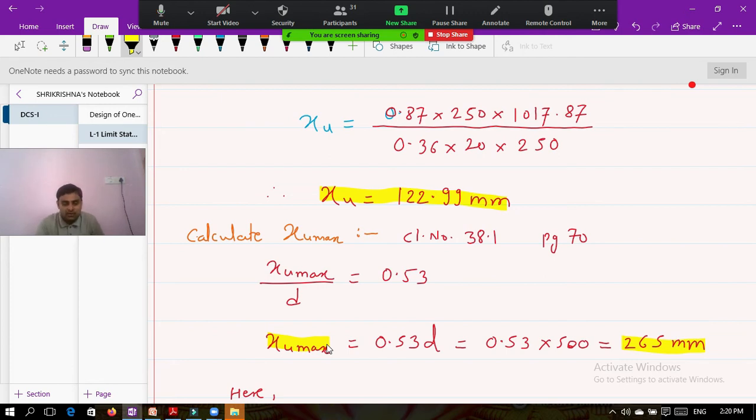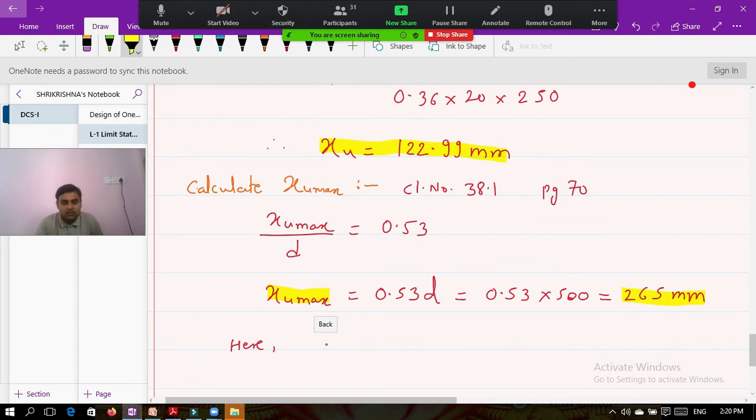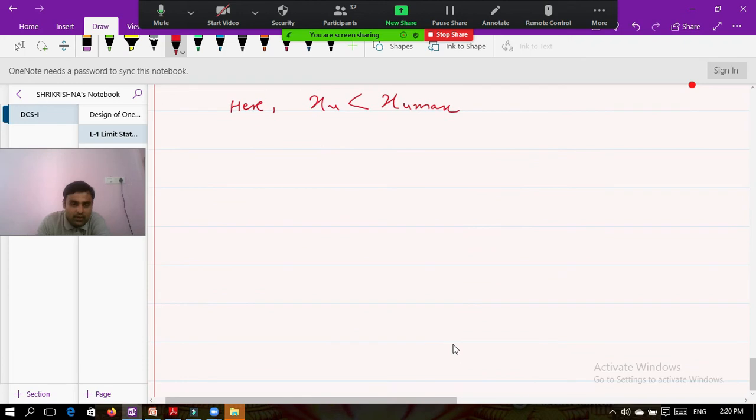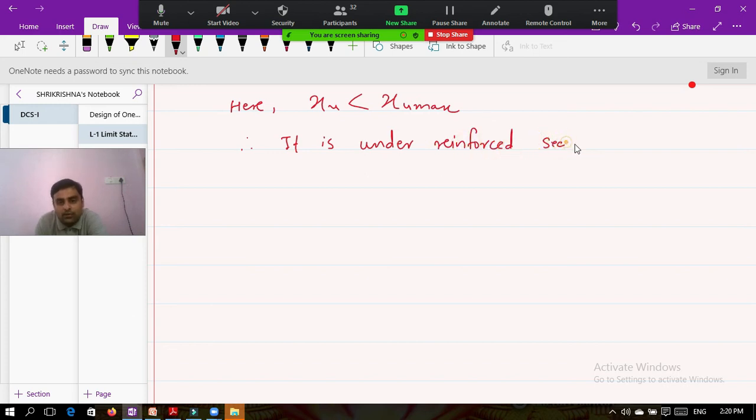I will write Xu is less than Xu max. And we know that when Xu is less than Xu max, then it is an under reinforced section. Therefore, it is an under reinforced section.